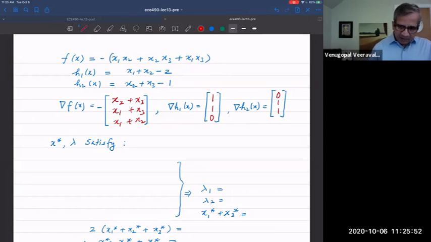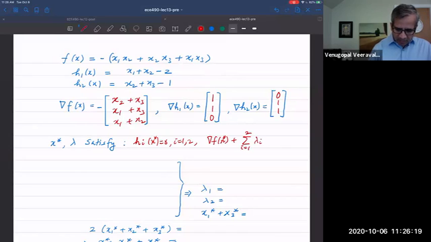And we know that x star and lambda should satisfy the equations: the constraints equation h I of x star equals 0, I equal to 1, 2, and the gradient of f at x star plus the summation of lambda I times the gradient of h I equal to 0.